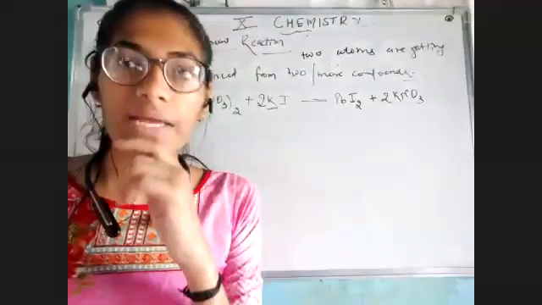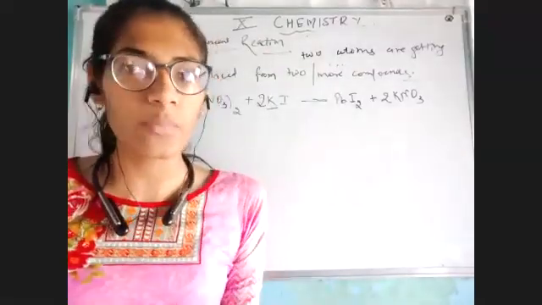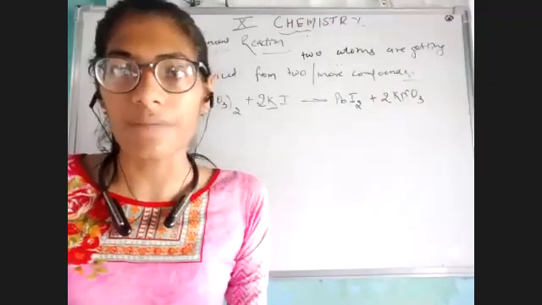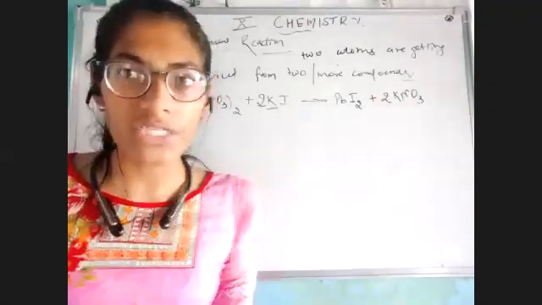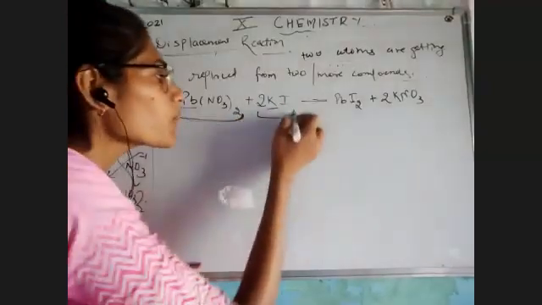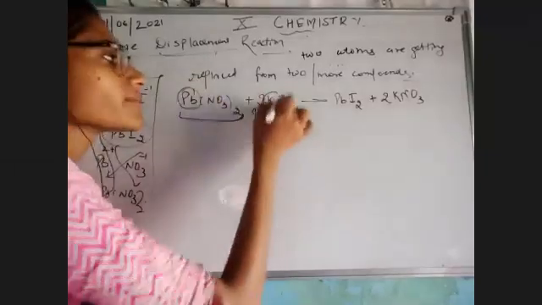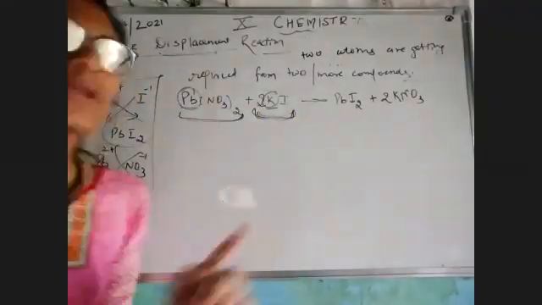So the question would become, how would you differentiate the two reactions, that which one is displacement and which one is double displacement? So the first recognition is there is mixing of two particular compounds. Both contain metal. Okay, this is our first recognition.